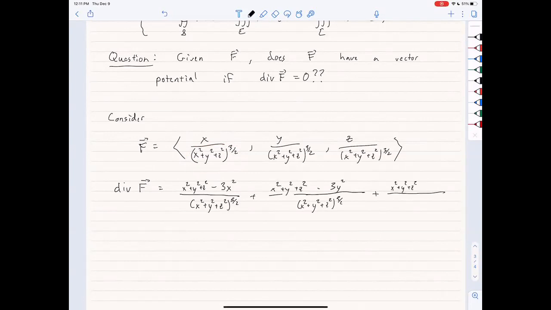It's just the quotient rule, really. And you can see we've got the same denominator in each case. So we get 3 copies of x squared plus y squared plus z squared, and we're subtracting 3 times x squared plus y squared plus z squared. So this whole thing is equal to 0.